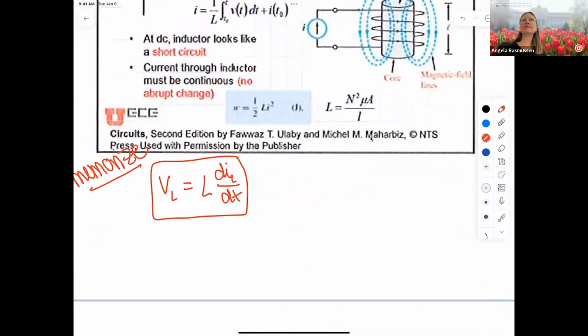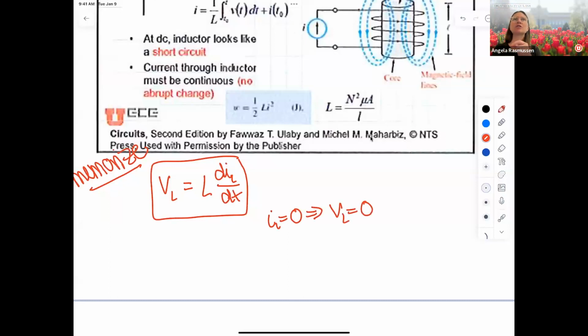So now looking at this equation, what happens if you have no change in current? Say it sat there for a really long time. What happens to dI/dt? It's going to go to 0, right? So if dI/dt is 0, then V_L is 0. What does that mean physically in a circuit?